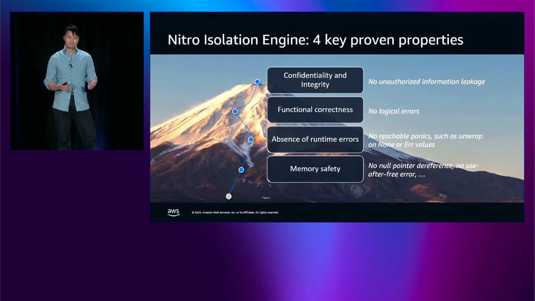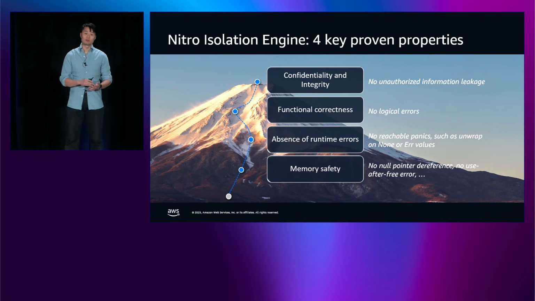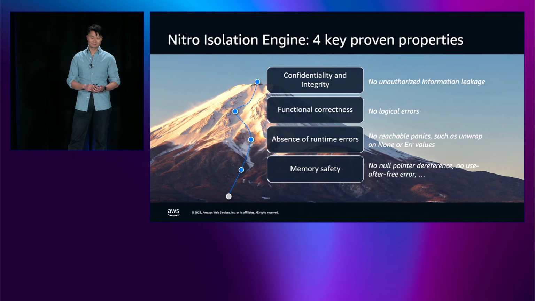So that now you know what we mean when we say that a property is proven of the Nitro Isolation Engine. And as a result, I hope you now have a more tangible understanding of automated reasoning and the deep and durable value that it offers.